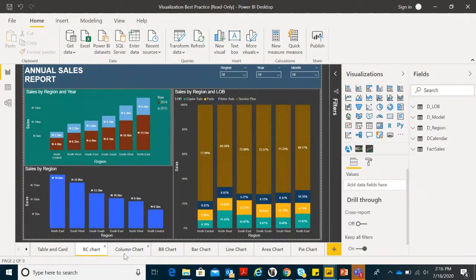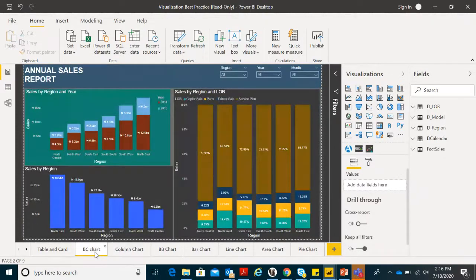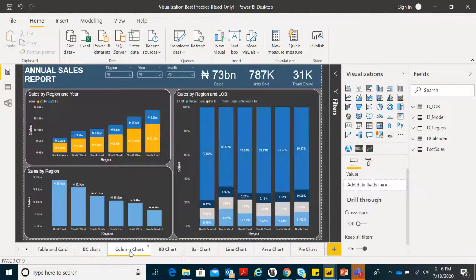Let me show you two different column charts here. Here is one. Here is another column chart. You would see that they are both beautiful, right? But I'll tell you something. With column charts, one of the things you need to understand is that too many colors in a chart presentation cause a lot of issues. Look at this one, it's quite simple.